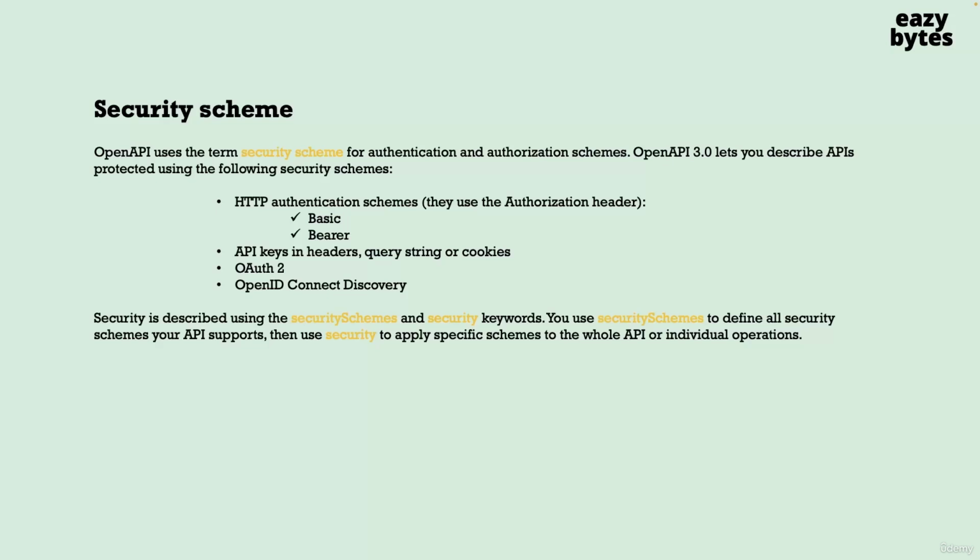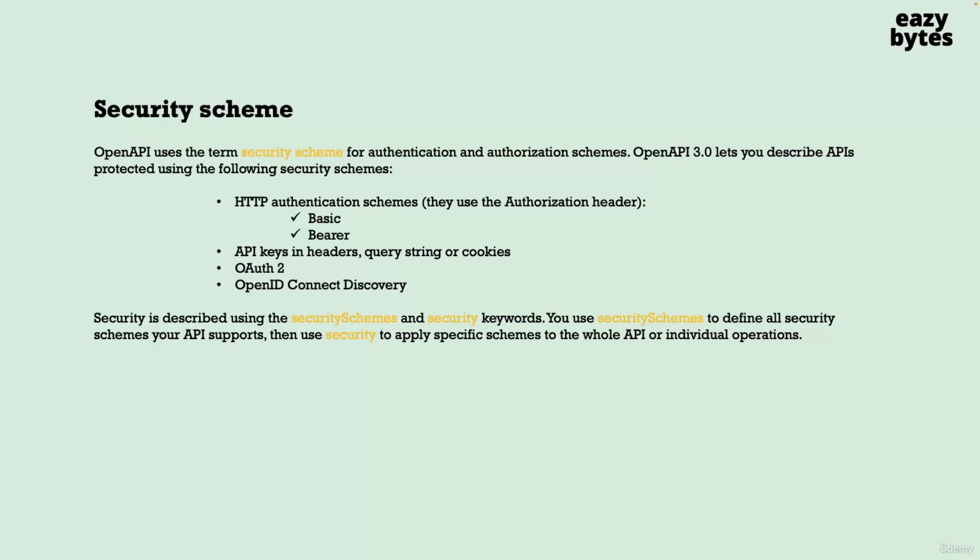So once we define those objects, in order to enforce those security details on our APIs, we can use the security keyword. Using the security keyword, we can refer to the security schemas that we have defined under the components. This way, with the help of security schemas and security, we are going to describe the security requirements of our APIs.